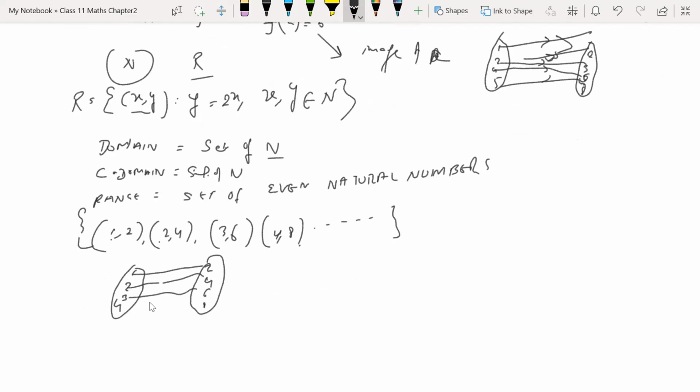No duplicates are there. It is a function. I hope you understood the function very well. Now, with the help of some more examples, you will clear more doubts also.